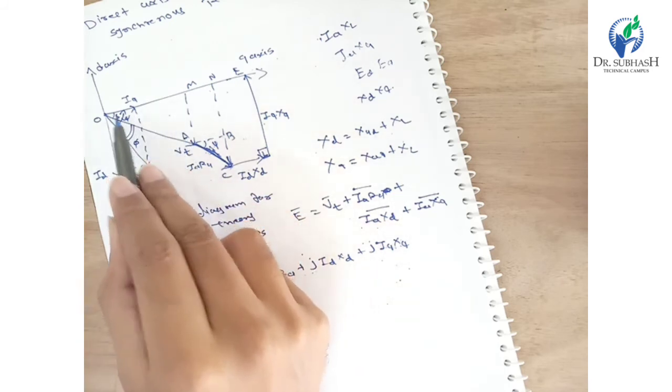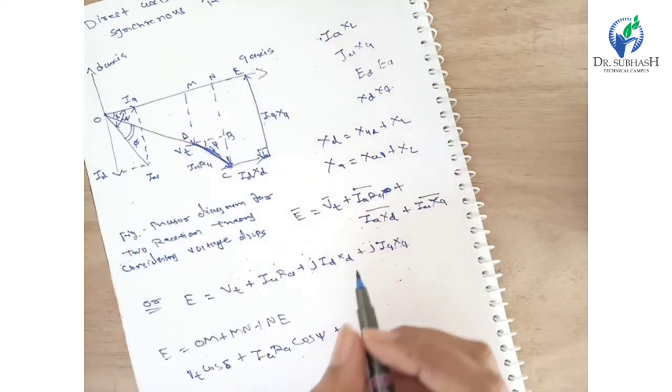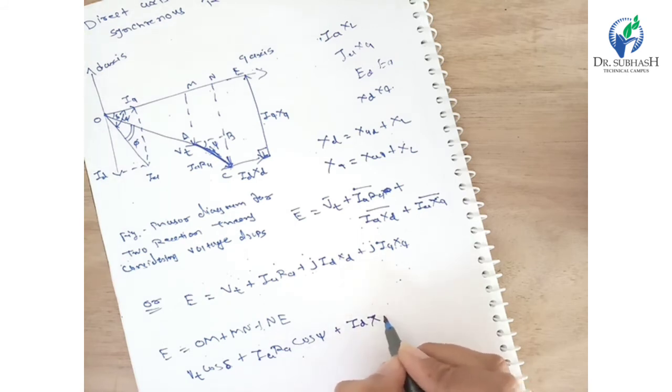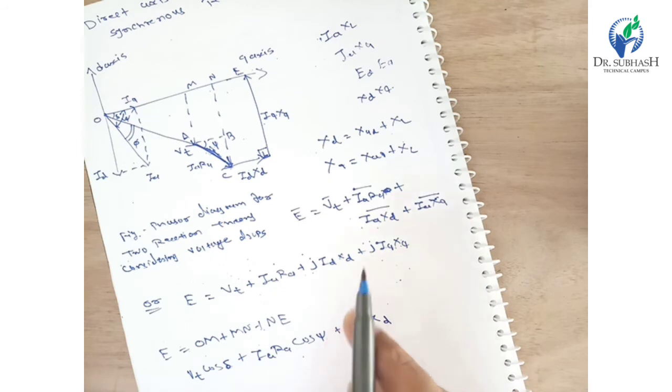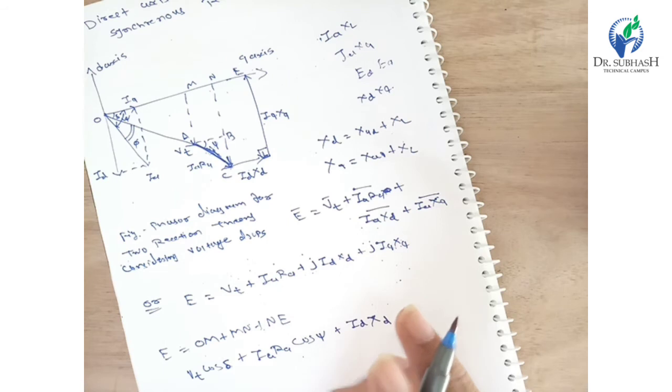So in angle form, it is a sine form. So both are representing, and Ne represents the value of Id and Xd multiplication, Id and Xd multiplication value. Here we write the sine form for the purpose of reactions.